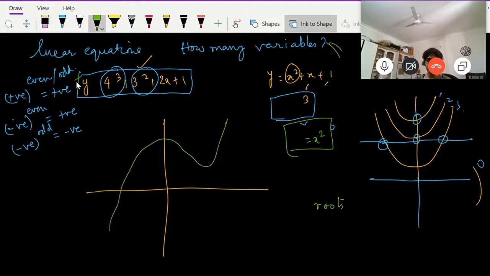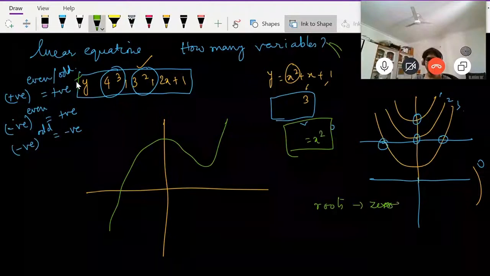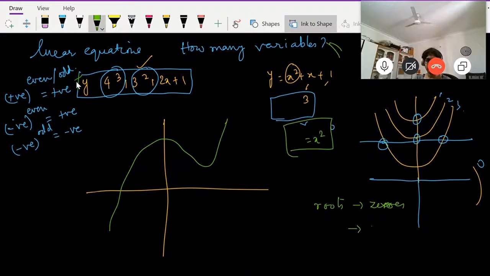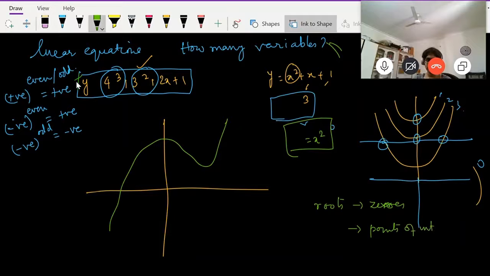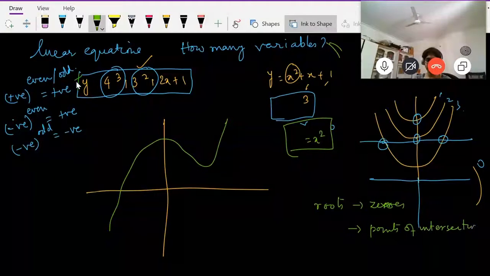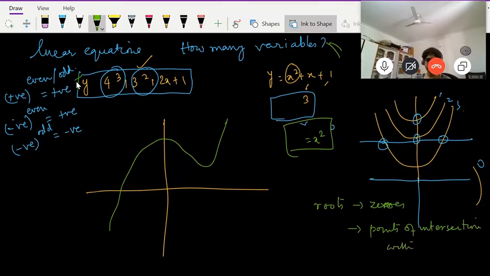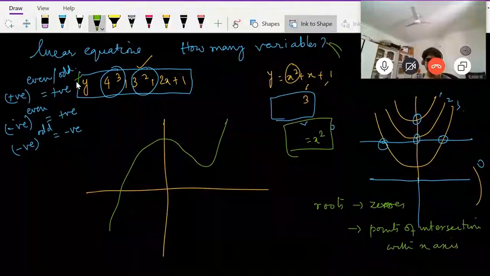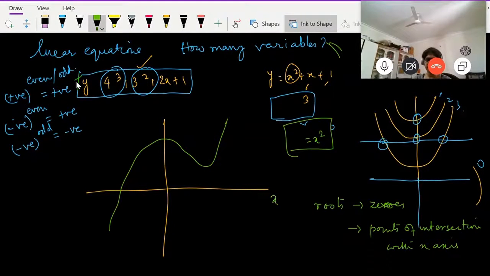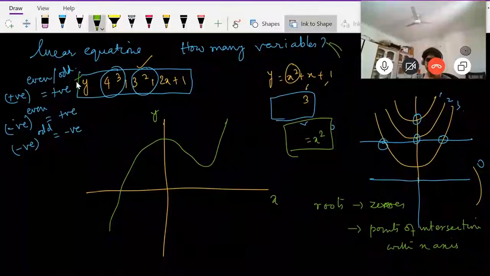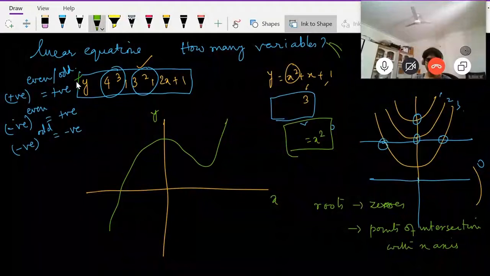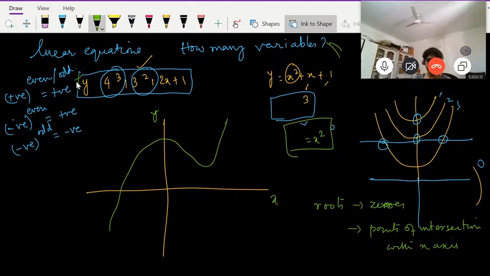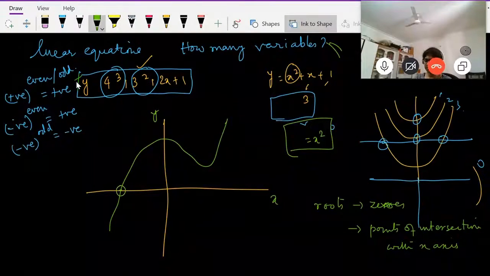Roots means zeros. That means solutions, points of intersection with the x-axis. So this is x, this is y. So how many roots? One. Because it touches or intersects the x-axis at one point only.